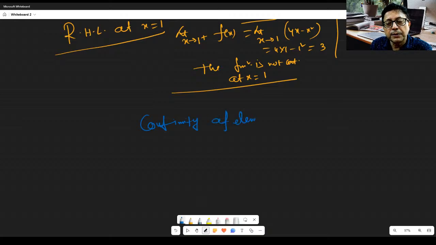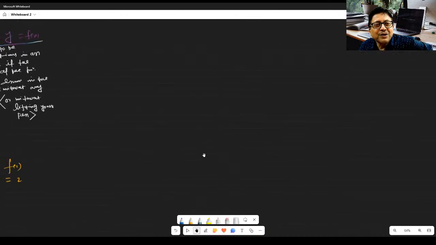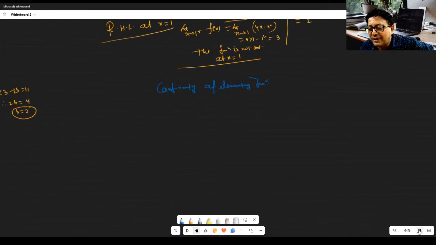Continuity of elementary functions. What are those elementary functions that I hope you remember by using your class 11 concept? That graph of function also you have done, isn't it?